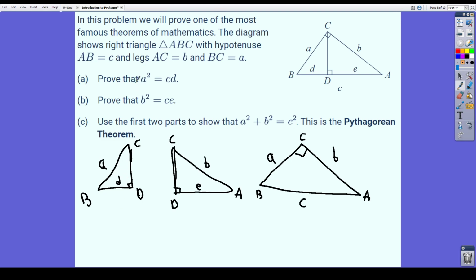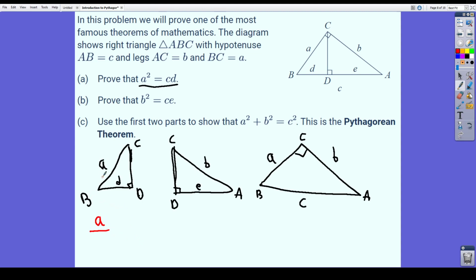If I have an a as a part of the equation that I'm trying to solve for, then I should probably look for a side that contains the side length lowercase a. Well, I have a couple choices. I have BC on our first triangle and BC on the third triangle. So let's just pick either one. I'm going to pick BC as our length of a.